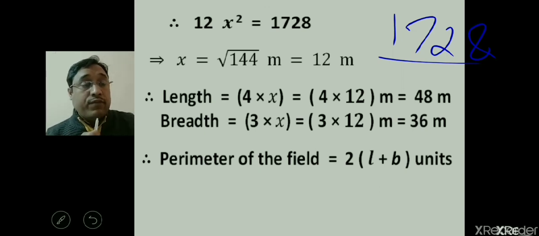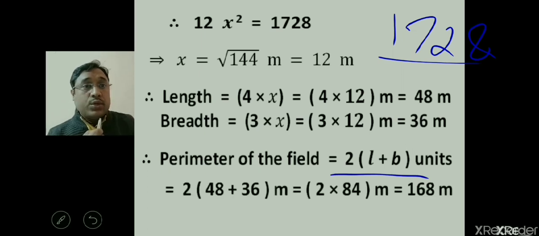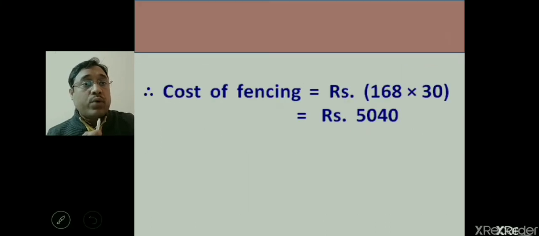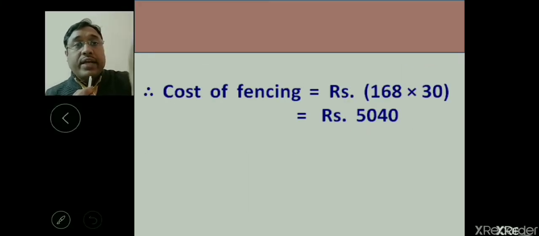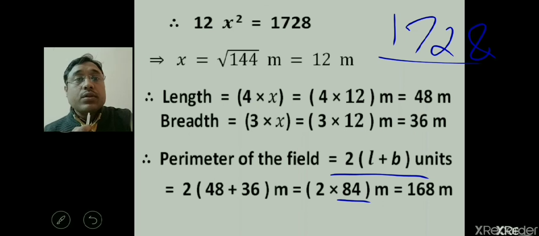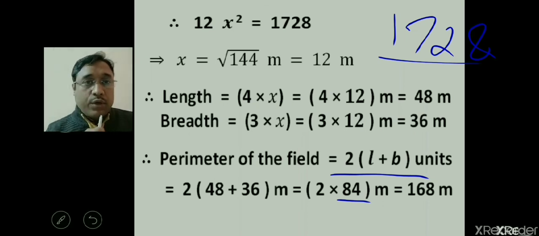Length is 48 and breadth is 36 meter. Then the perimeter of the field is 2 into (length plus breadth), meaning 2 into (48 plus 36). 48 plus 36 is 84, so 2 into 84 gives 168 meter. 168 meter is the perimeter of the field.